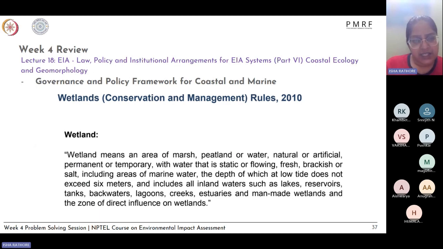So, wetland means any area of marsh, peatland, or water, natural or artificial, permanent or temporary, with water that is static or flowing, fresh, brackish, or salt water, including areas of marine water, the depth of which at low tide does not exceed 6 meters and includes all inland waters such as lakes, reservoirs, tanks, backwaters, lagoons, creeks, estuaries, and man made wetlands, and the zone of direct influence on wetlands. So, this was the definition which the Wetlands Conservation and Management Rules included. So, it considers all of these areas.